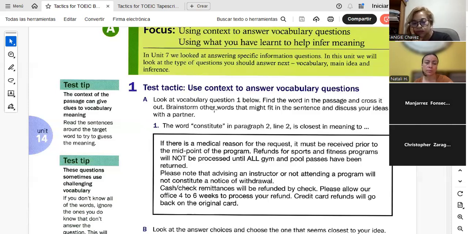Look at vocabulary question 1 and find the word in the passage and cross it out, or just tell me the word that might fit the sentence and discuss why. The word constitute in paragraph 2, we have just 2 paragraphs, is closest in meaning to.